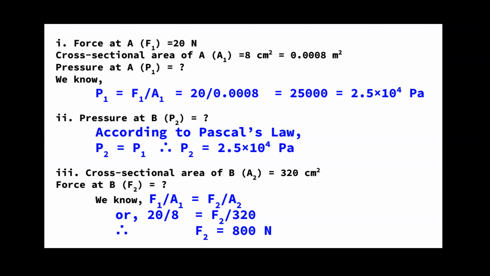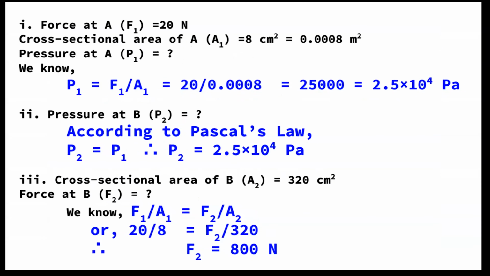First question, I, where we were asked to find the pressure at A, the pressure on the smaller cylinder. The force at A is denoted by F1, 20 Newton.